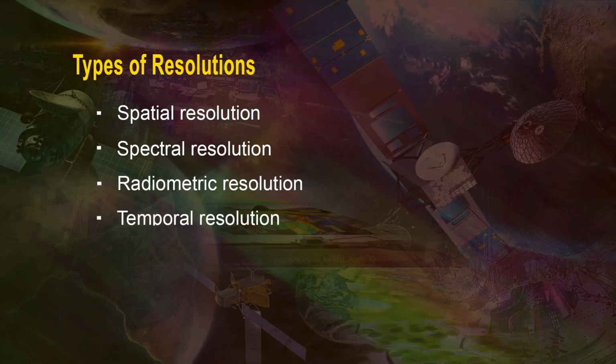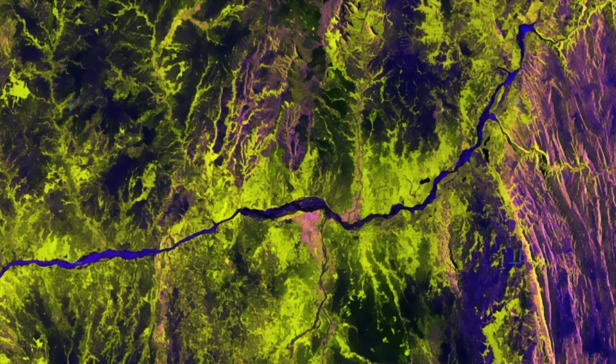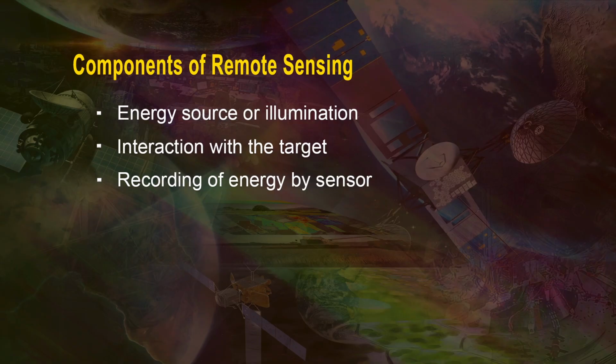This is represented as the noise equivalent change in reflectance or temperature. Temporal resolution. Temporal resolution represents the capability to view the same target under similar conditions at regular intervals. It is the time interval between image collection over the same geographical location.